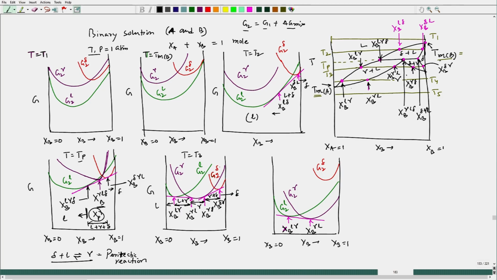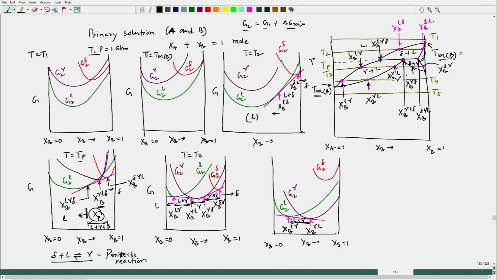So, exactly, and in between these two we have liquid plus gamma phase, of those specific compositions. Fine. So, like that way we can actually have a kind of relative positions of all three free energy composition plots, and corresponding temperature composition plot can be marked there.